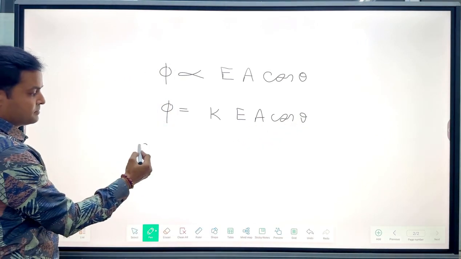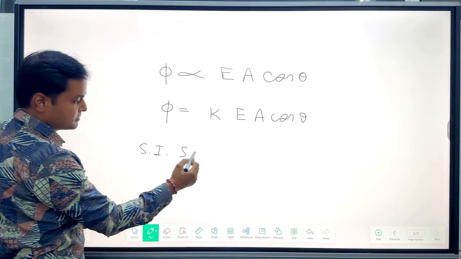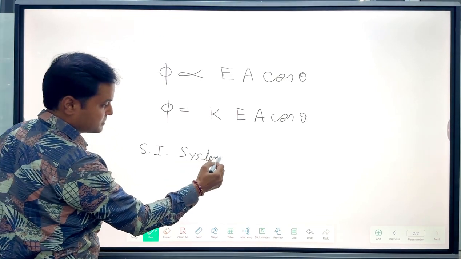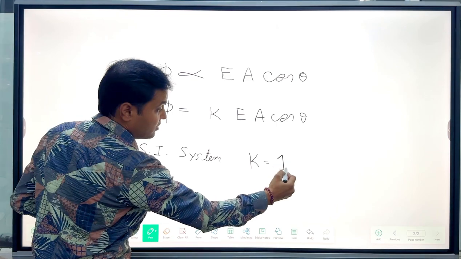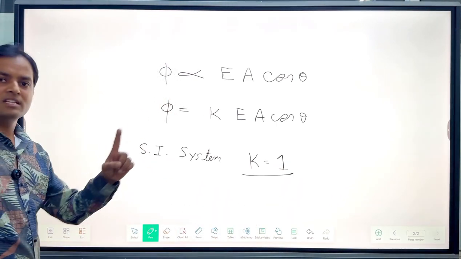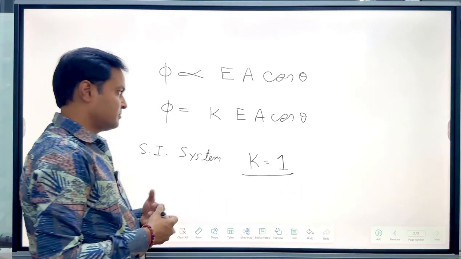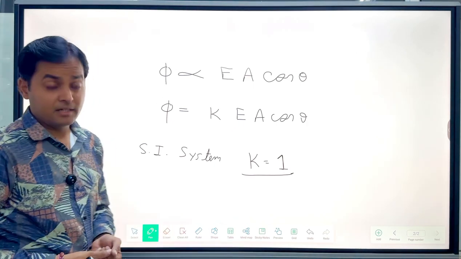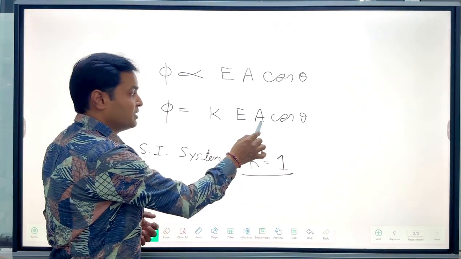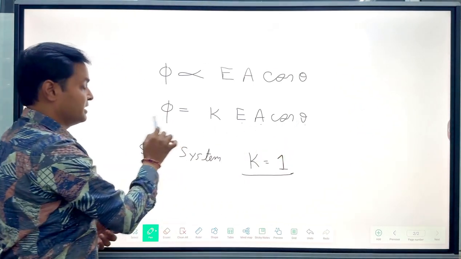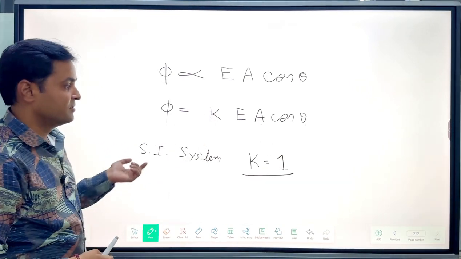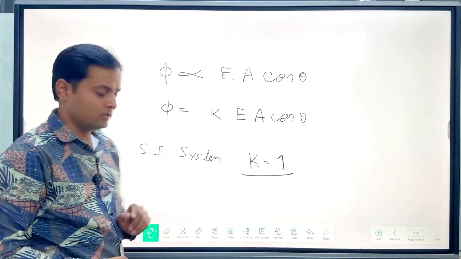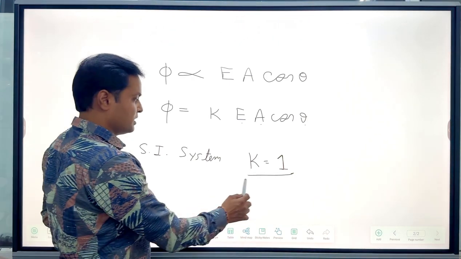In the SI system, the value of the proportionality constant is always unity, always 1. By experiment, finding the values of A, E, theta and phi, when we find the value of K in the SI system, we always get 1. The value of K is always 1.